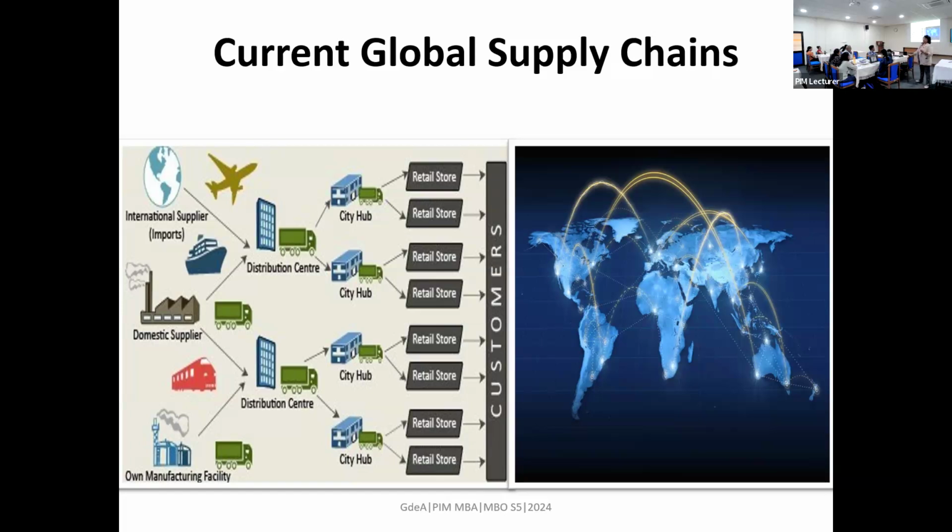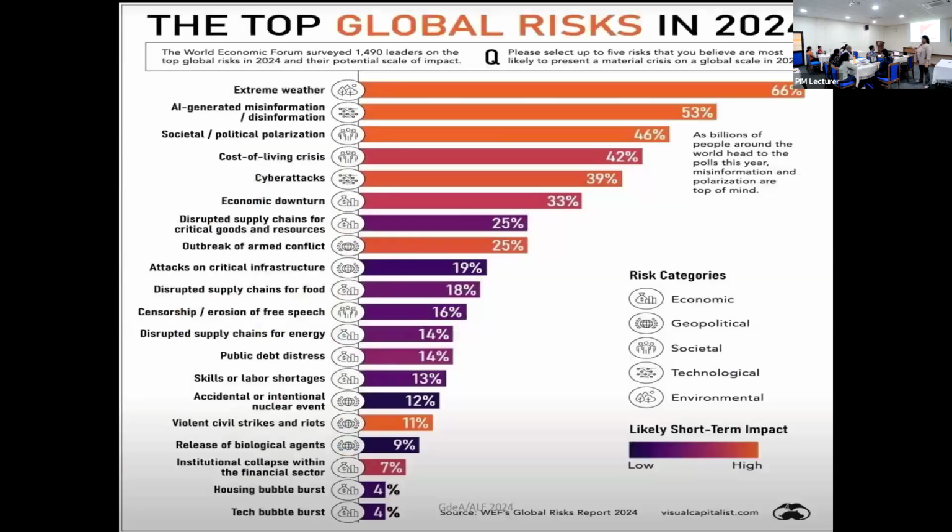So we need to proactively read these triggering points. That's what is important, because this is going to be the new normal that we are experiencing. So if you look at the top global risks published by the World Economic Forum, they discuss this in Davos, Switzerland, where all these top economic and political leaders go and discuss what really impacts the world.